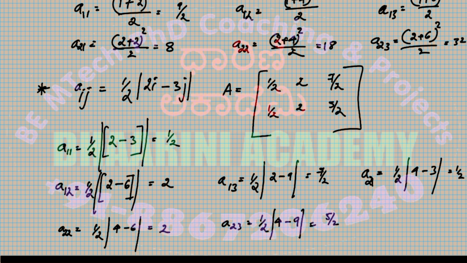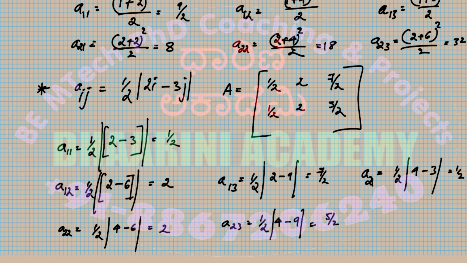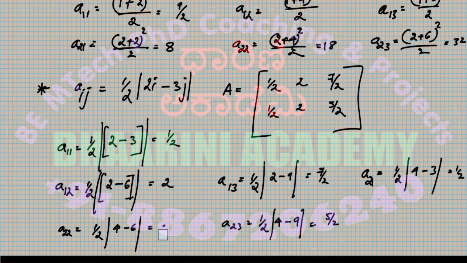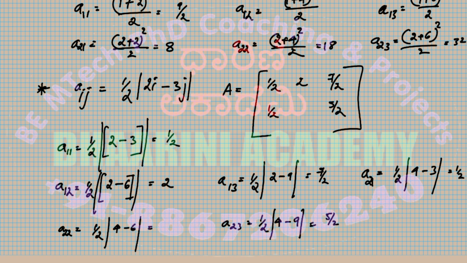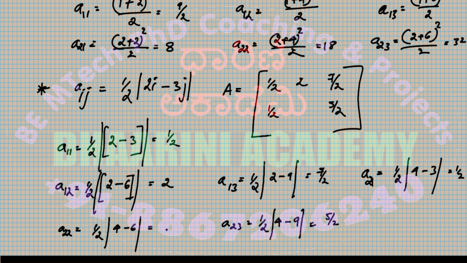A22, just a second, 2 into 2, 4, yes, sorry, my mistake. Correct, so this is 1 now, very correct, this is 1. All right, so this is the answer. Let's move further.